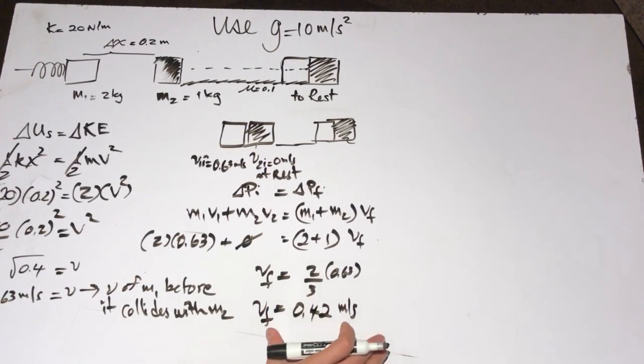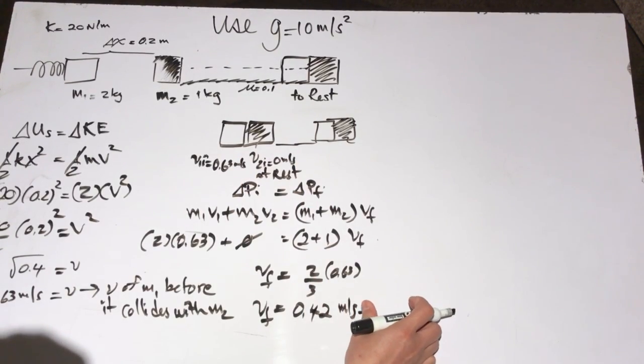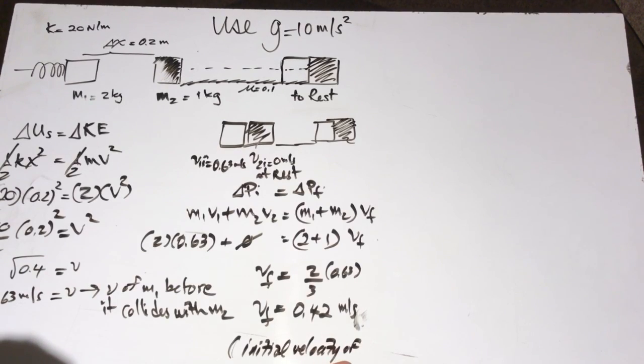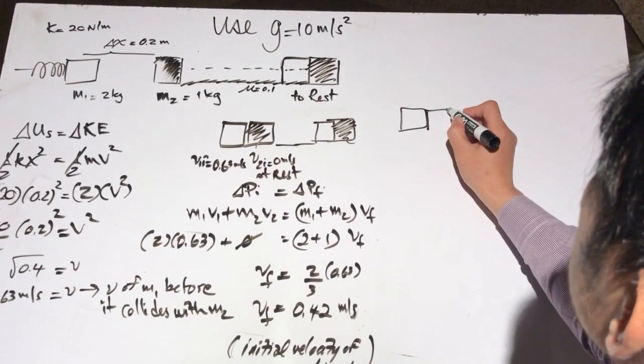Okay, this velocity right here, which is the final velocity, will become the initial velocity of M1 plus M2 combined. Now we go to the third part of the problem. This is a little bit difficult.